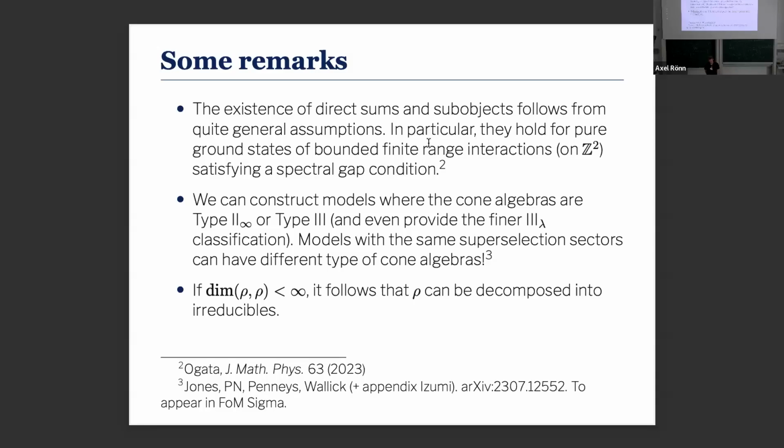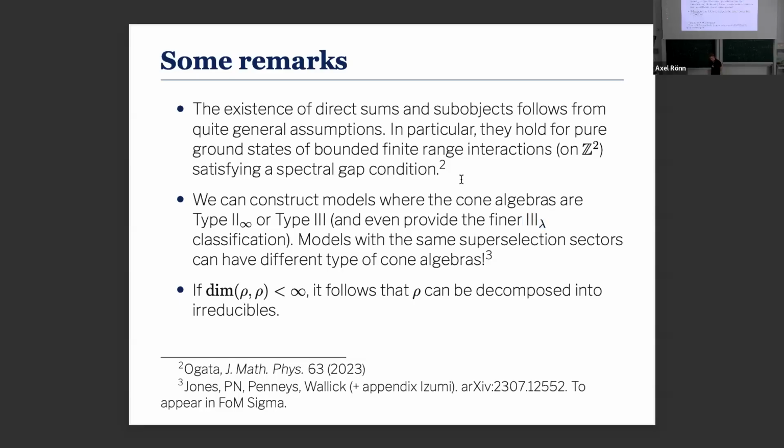Another thing that's maybe of interest is you can look at these cone algebras, and I mentioned for the toric code that it is type II infinity. But you can also construct models using string-net models where the cone algebra is type III. And you can even provide a full classification.